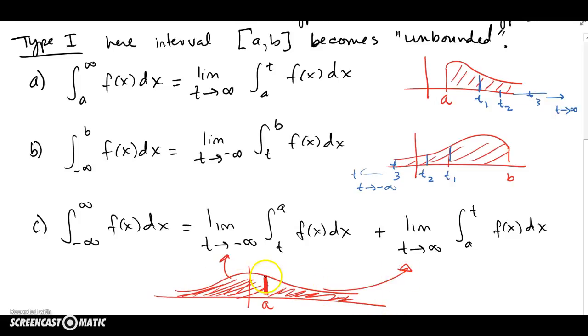So part C is the type of improper integral where you see unboundedness on both ends, and all you do is pick a finite value wherever you want where the function is defined, break it up in the middle, and go from negative infinity to a and a to infinity, thus creating two of these together. So you look at two different limits to analyze.